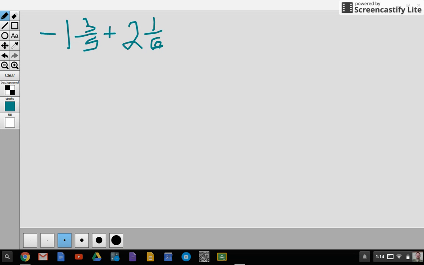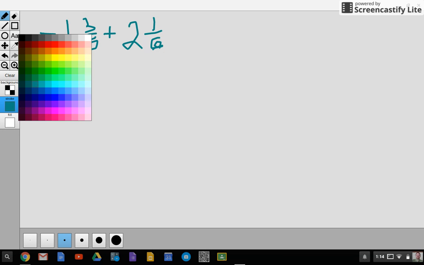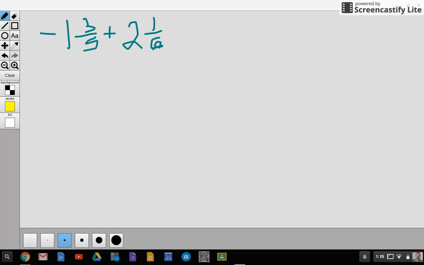I need fractions here. So I'm actually going to take these and convert these into improper fractions. Now, if you don't remember how to do that, here's a real quick reminder. Okay. So I would multiply here and add up here. So 5 times 1 is 5, plus 3 is 8, and my denominator is 5.